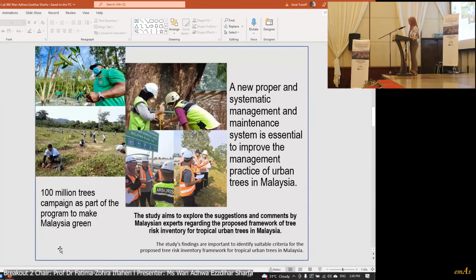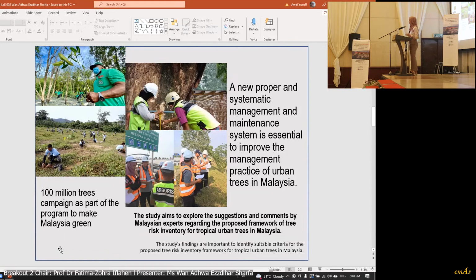After too many tragedies of fallen trees, the launch of the 100 million trees campaign by the Ministry of Energy and Natural Resources is very beneficial for us human beings to keep receiving the advantages that living trees could offer.